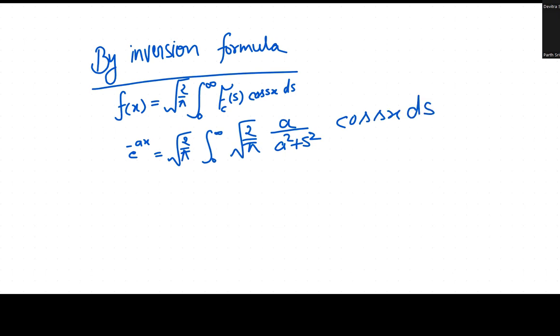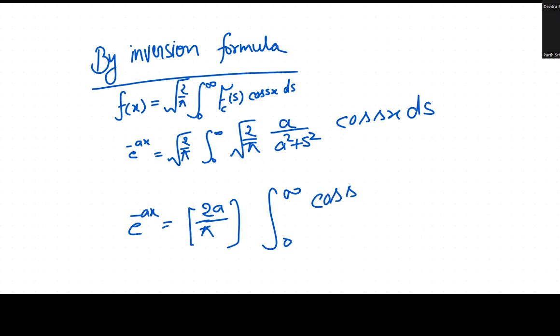So e^(-ax) is equal to 2 over pi, and a is also a constant, so write 2a over pi, integration 0 to infinity cos sx over a squared plus s squared ds.